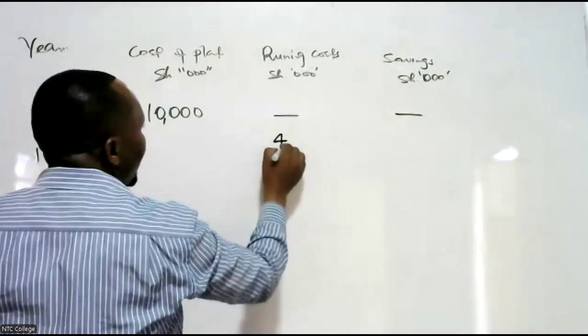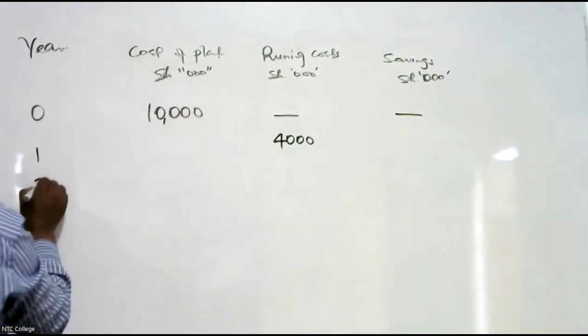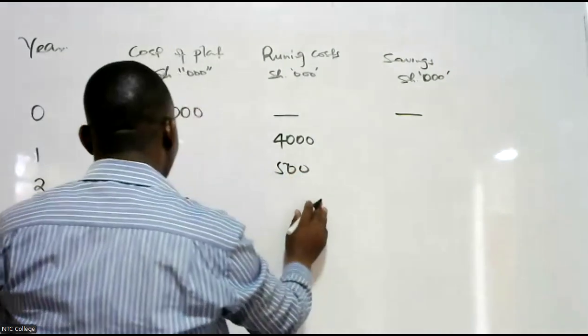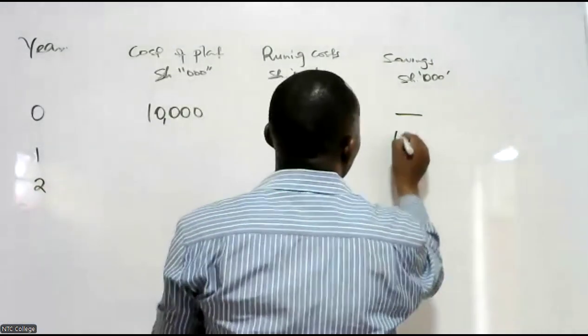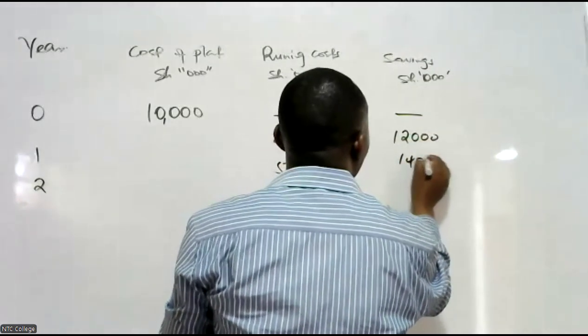Running cost in year one is 4,000. And then year two, 5,000. Then we have 1,000, and 14,000.